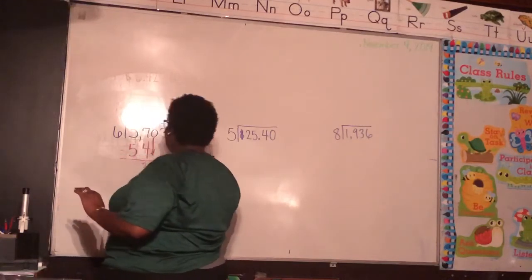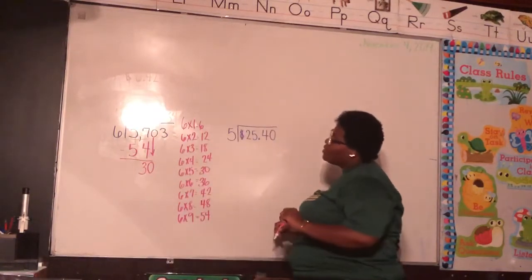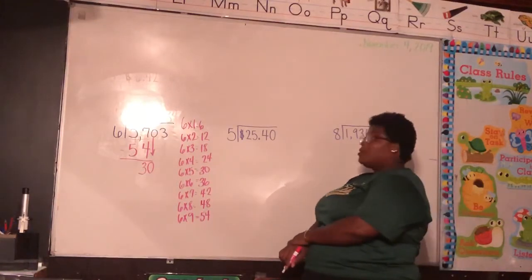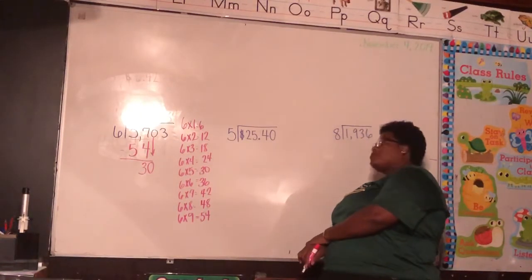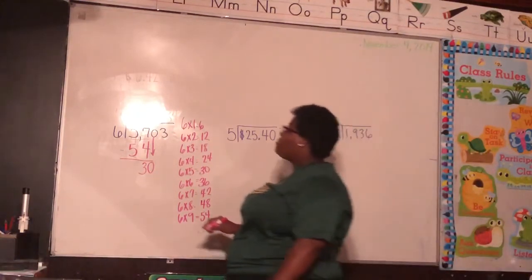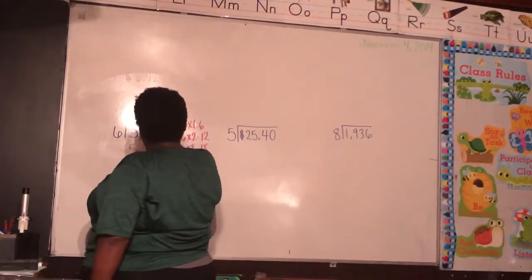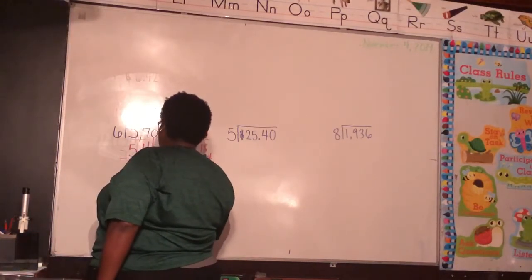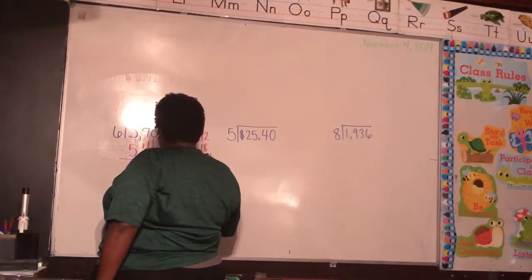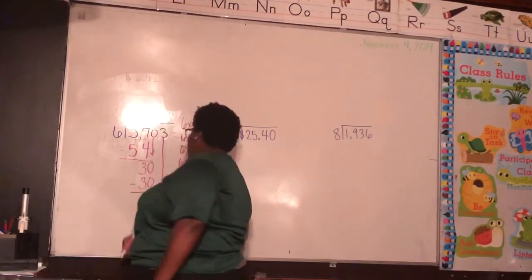Bring down our 0. Can 6 go into 30? Yes, how many times? 5 times, because 6 times 5 is 30. Subtract. Even though that's 0, we still have a number to bring down.